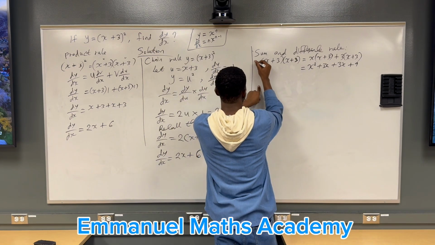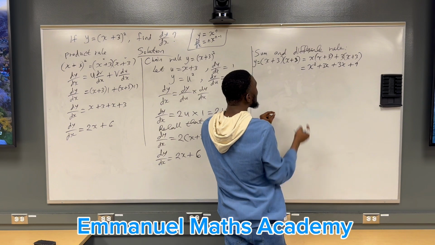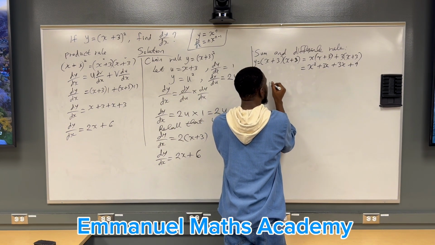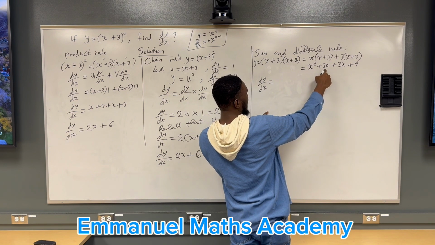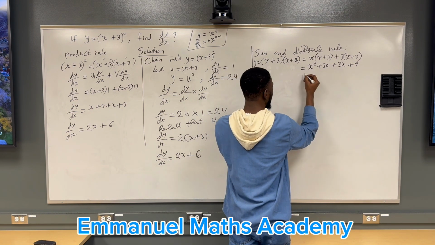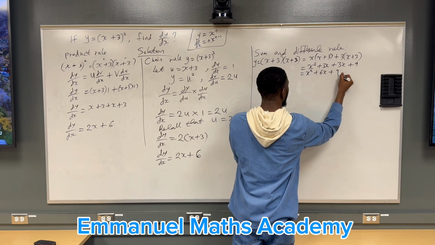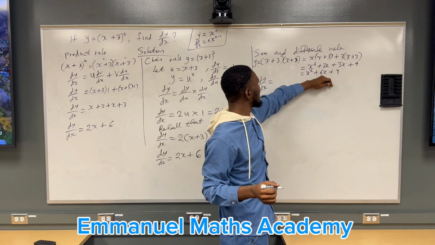Remember, this is your y. We're only trying to break this down. So from this now, dy/dx is equal to, but first of all, let's break this thing further. We have 3x plus 3x, that means 6x. So x squared plus 6x plus 9. So we want to differentiate this.